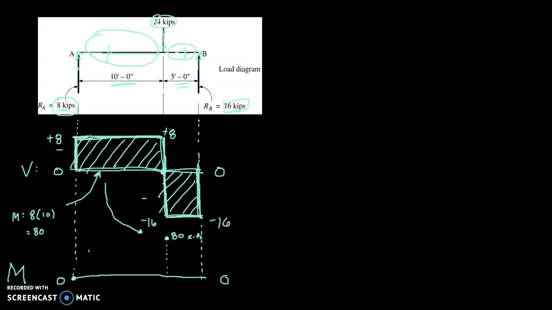Now, how did it get there from 0 to 80? Well, the relationship between the shear diagram and the moment diagram is that the value of the shear diagram equals the slope of the moment diagram.